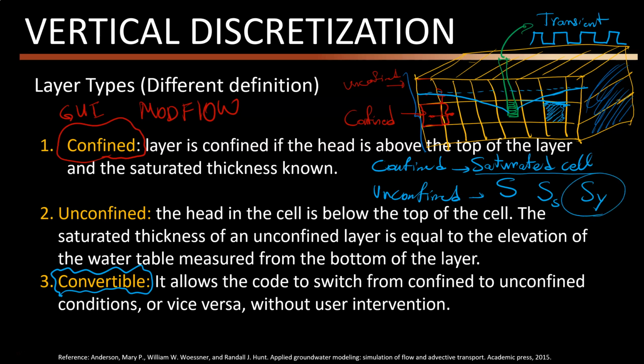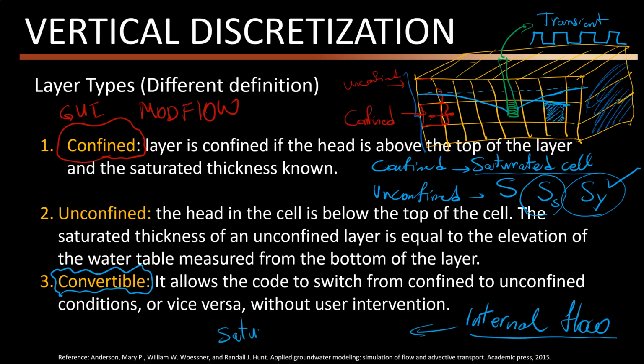So in the unconfined system we have to use SY, and in the confined system we use the specific storage coefficient. So there are differences here. The governing equation is different, and also the way you calculate the internal flow is different, which is a function of the saturated thickness.